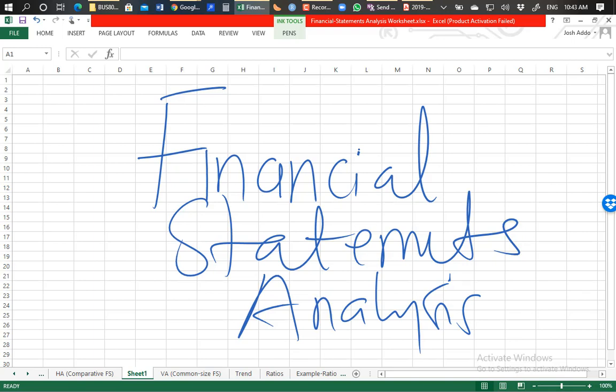From last week's lecture, we were able to do a number of things, including how the financial statements are prepared. And I showed you a financial statement prepared by Guinness Ghana Company, the layout. We understood that the financial statement is prepared on the basis of what is called the accounting equation.